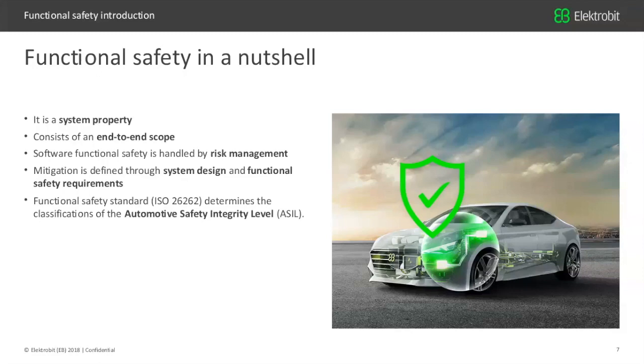And the ISO determines the classification of safety into automotive safety integrity levels, the so-called ASIL levels A to D, which define the severity of your malfunction or of your system itself.